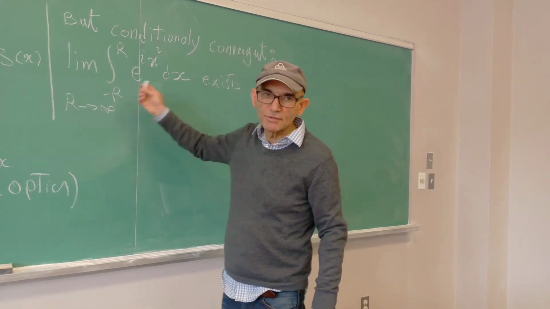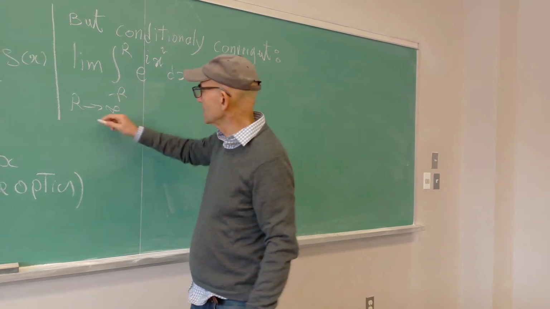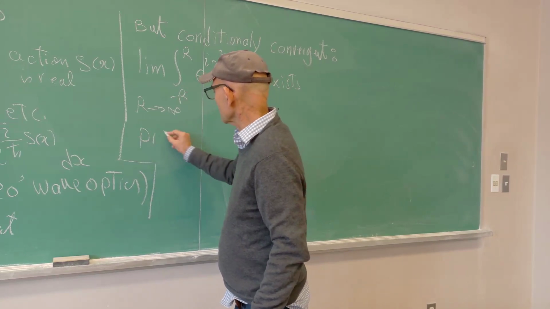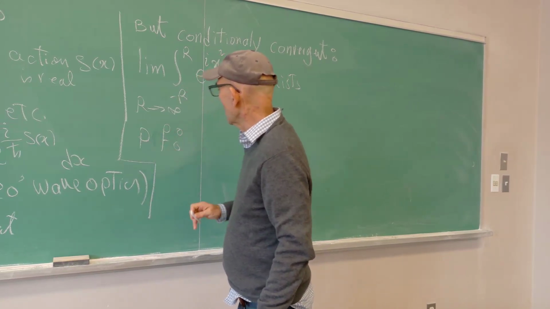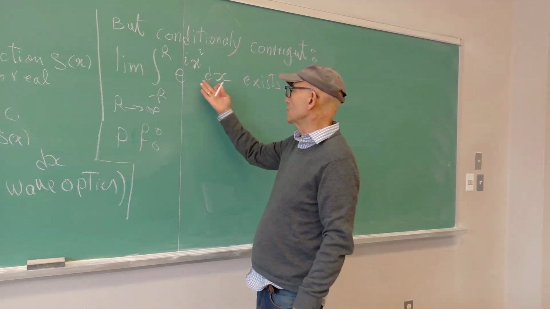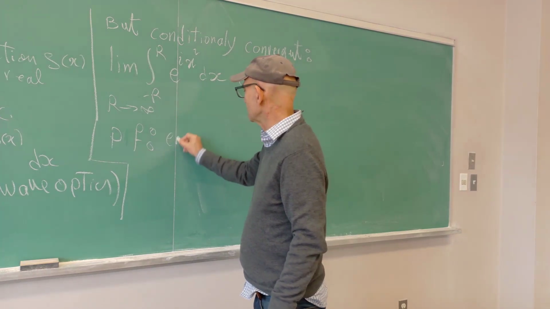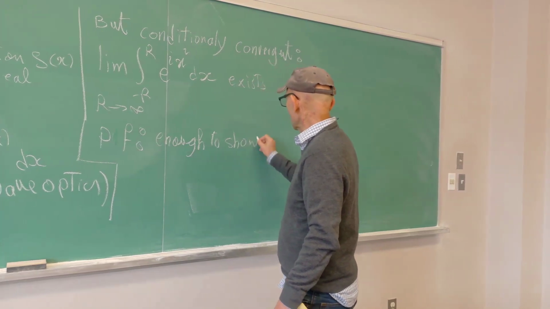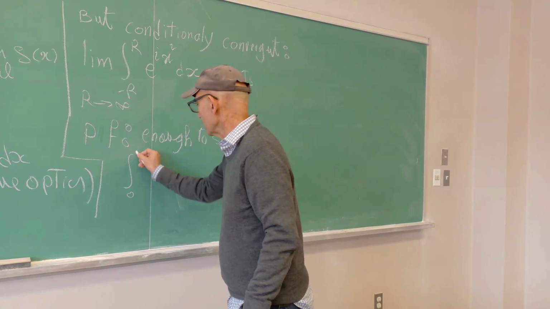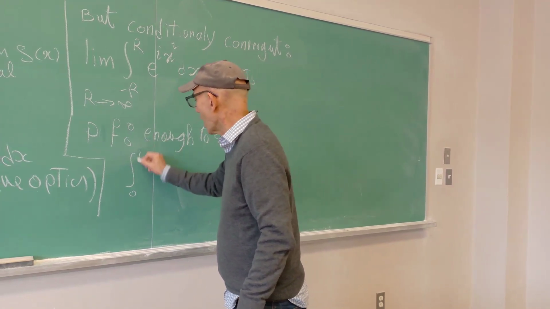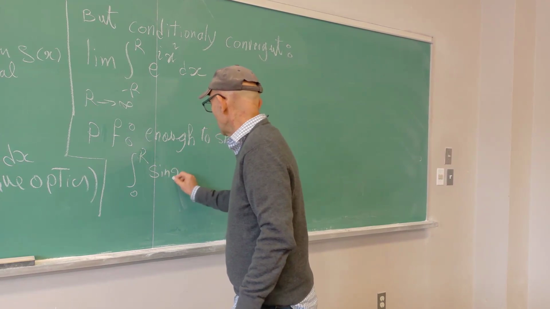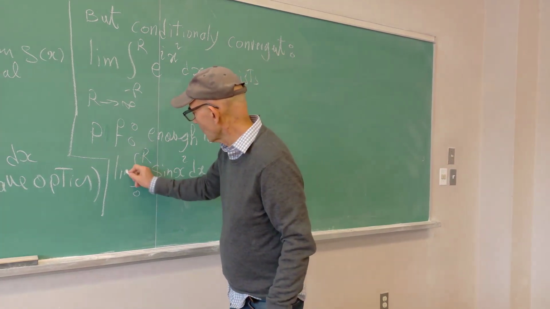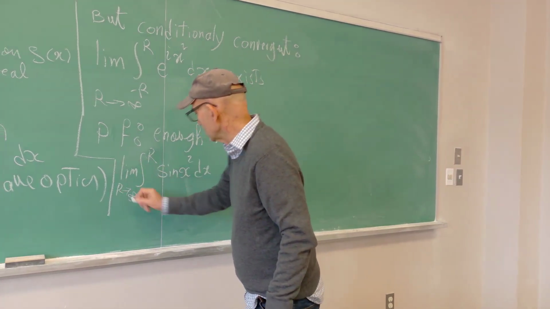So just to give you an idea how the proof goes, because this is kind of nice to work out, at least in one example. So, the proof. It's clear that to prove this it is enough to show that the integral from 0 to r of sine of x squared dx has a limit as r goes to infinity.